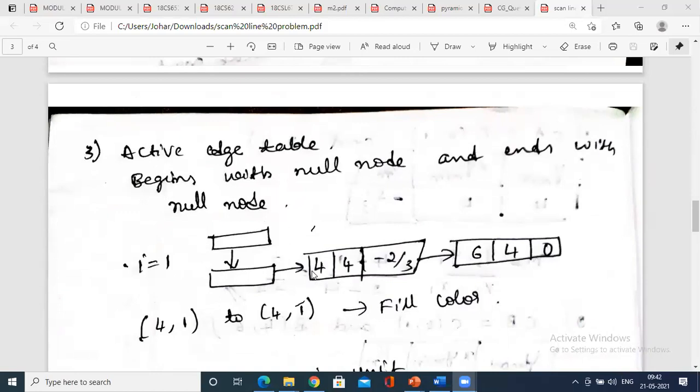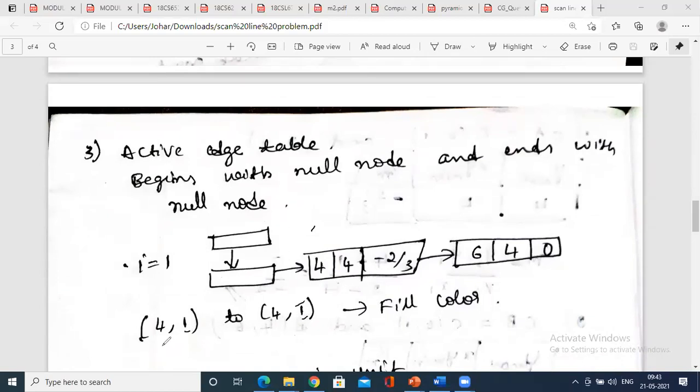From the null node, it is going to transmit to this data structure. From this data structure, you have to calculate x1, y1, x2, y2. What is the y value? It is 1.